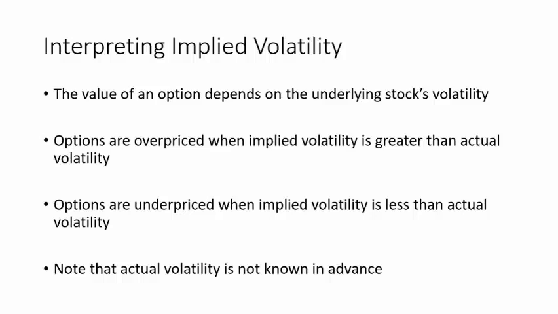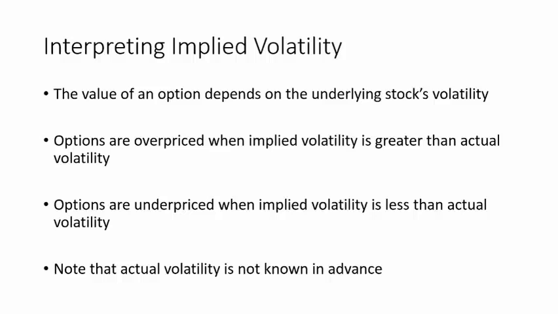Suppose the implied volatility is 20%, but the actual volatility is only 15%. What this means is that the option is overpriced. The option implied volatility is higher than the actual volatility of the market. And when this occurs, you can make money by writing options, say, by writing a straddle or a strangle or something like that.